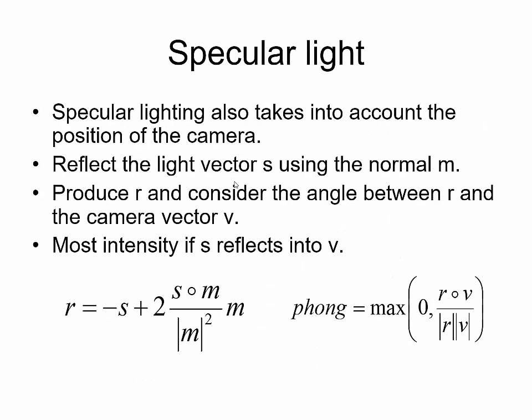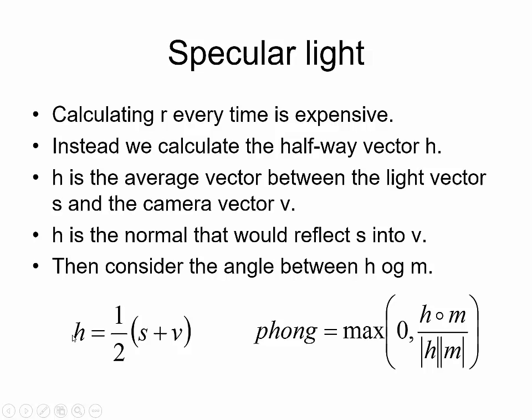So what we do in the end here is h equals s plus v, which is the direction to the light plus the direction to the camera. Then we calculate Phong, which is the cosine of the angle between the normal to the surface and the halfway vector, which would reflect the light directly into the camera.